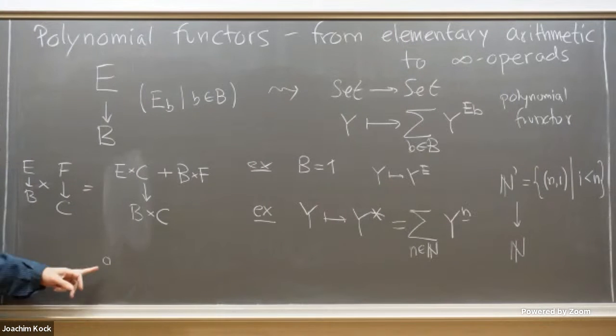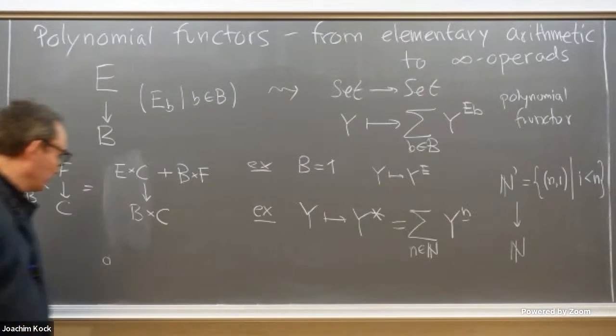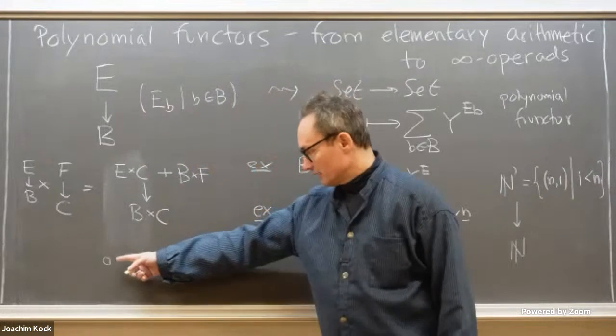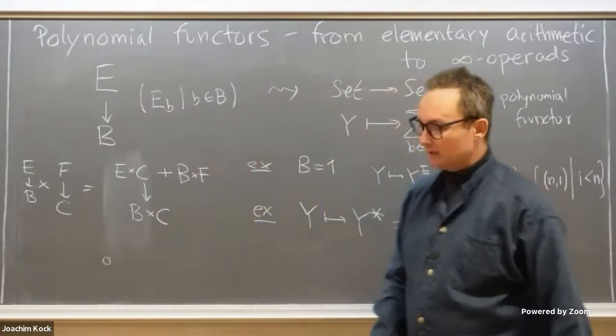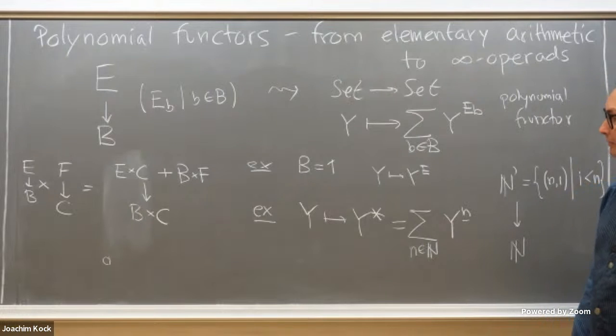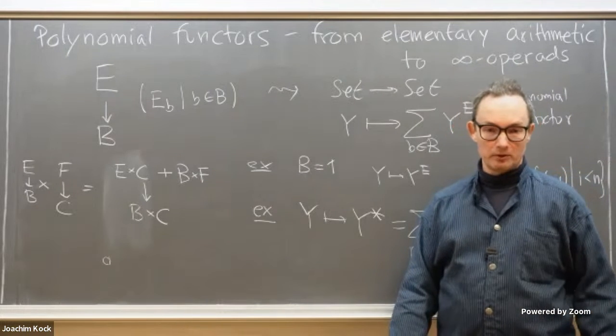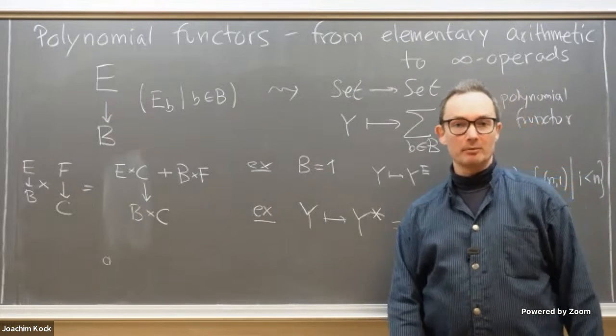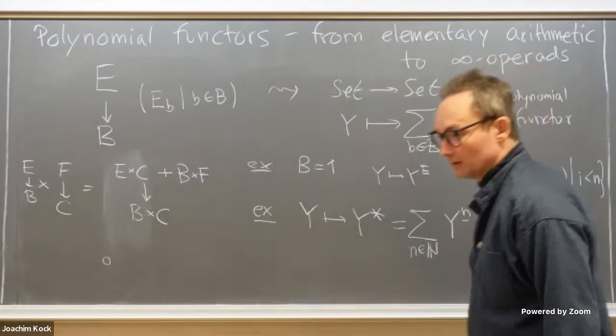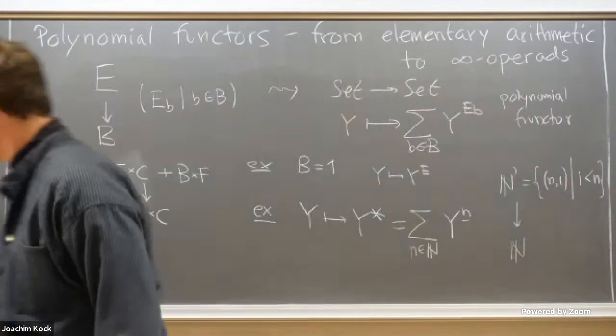Of course we really want to do composition of polynomials. So that's this little circ here. And I will tell you what it is, but before I do so, it's worth going to the many variable case. So let's move on to the many variable case.